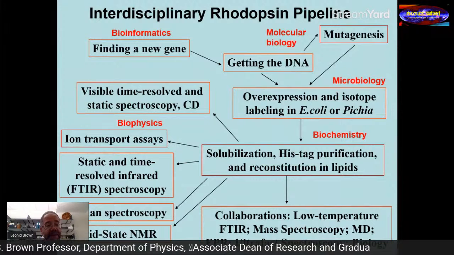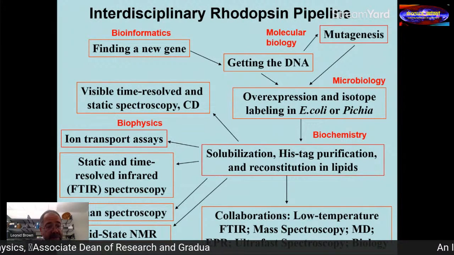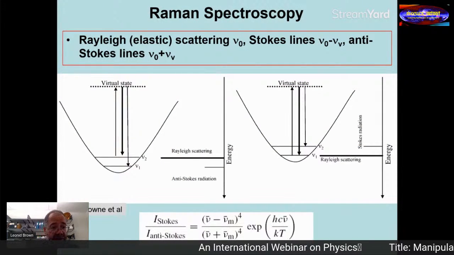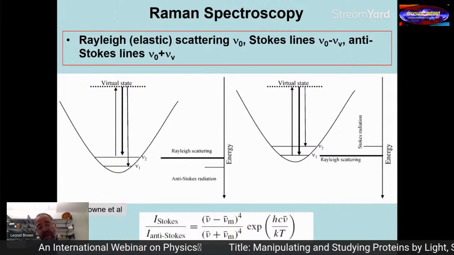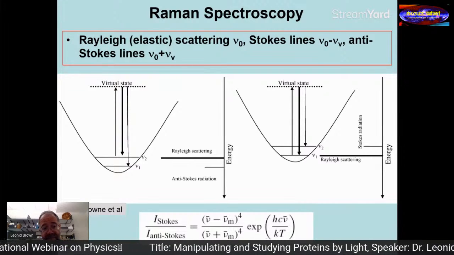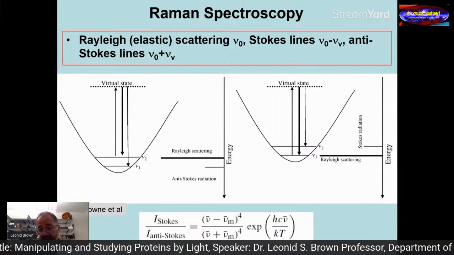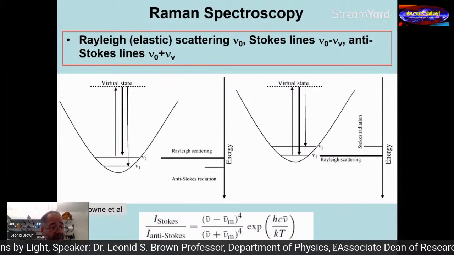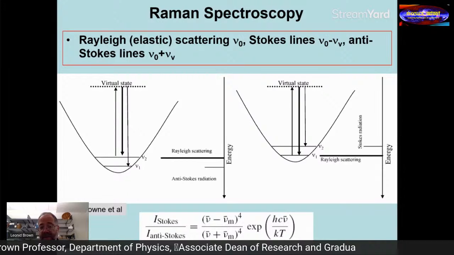Okay, the next type is Raman spectroscopy, which is also vibrational spectroscopy. It is complementary. Probably all of you heard about Raman. I will remind you the idea. So basically, when your protein scatters light, if it scatters the same energy, it is well-known Rayleigh scattering, elastic scattering, but some molecules, very rarely, will pick up or lose a vibrational quantum.